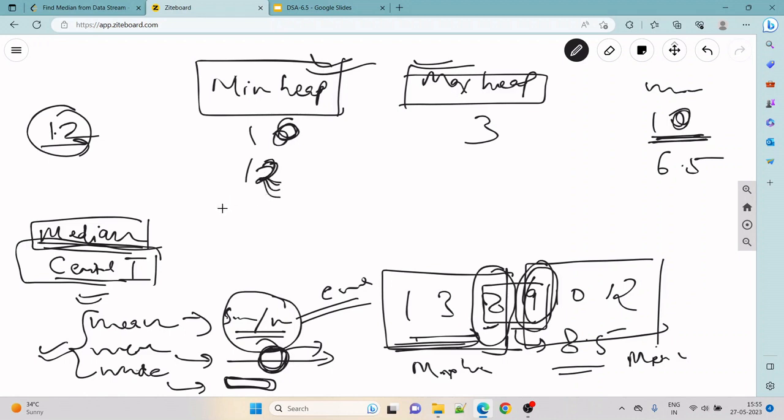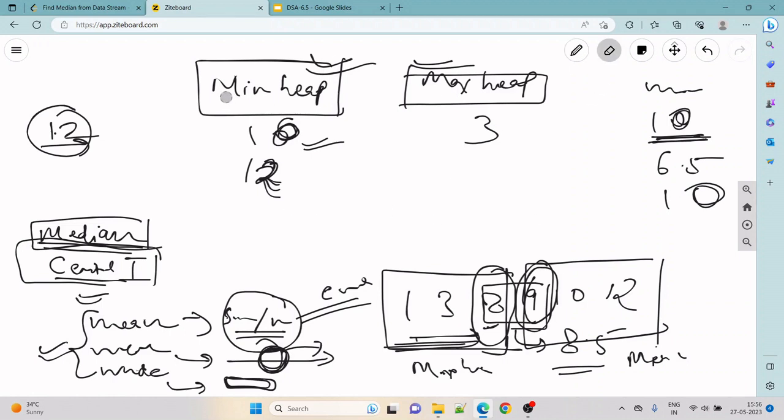When the number of elements is odd, then if the length of the min heap is greater than the max heap, the topmost element of the min heap becomes the median. Otherwise, if the max heap length is greater than the min heap, when the total number of elements is odd, the topmost element of the max heap becomes the median. So in this case 10 becomes the median again.